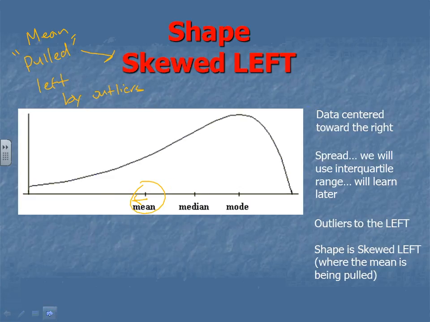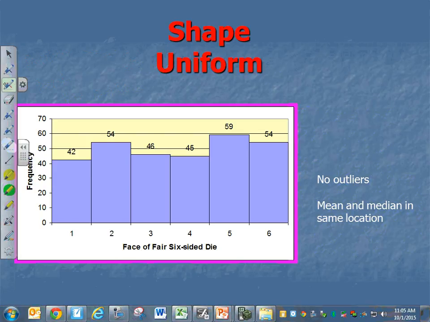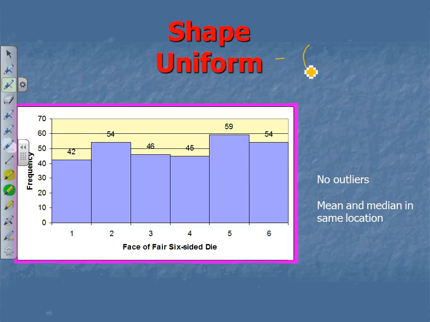And then we have a uniform distribution where everything is kind of flat. This is an example of something that definitely should have a uniform distribution. It's not exactly uniform. However, if we increased our sample size, it would get more and more uniform. What we did in this situation is count, when we rolled a six-sided die, what number showed up every time.